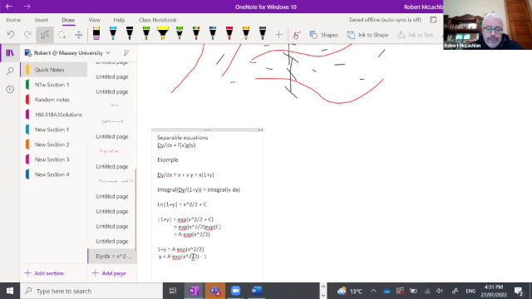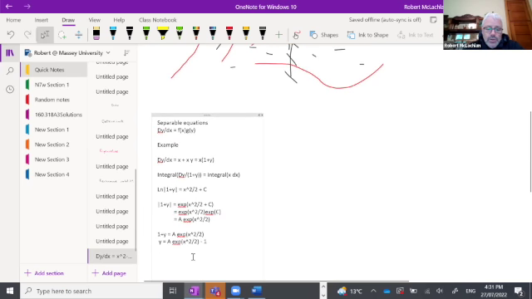So when it works, it's a good method. Now you may get a gnarly function to integrate because you have to move the y part over to the left-hand side. But apart from that, it is a surprisingly powerful method.